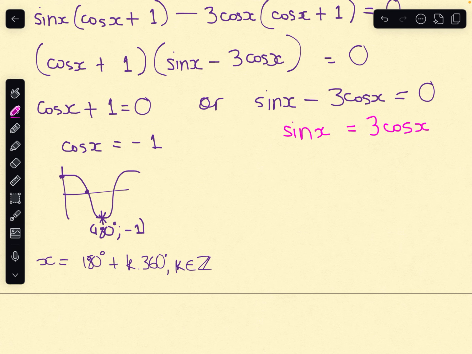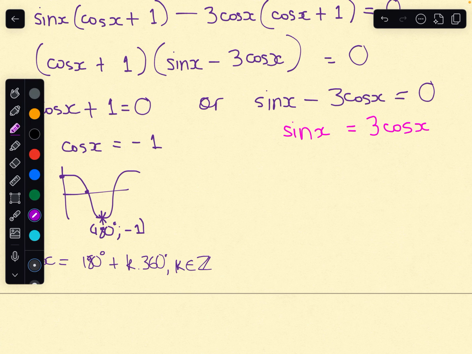Now, I am going to do something that seems contradictory to what I just said a few moments ago. I said avoid dividing by an expression containing a variable because you might be eliminating a solution. So I think I said specifically, avoid canceling, right?